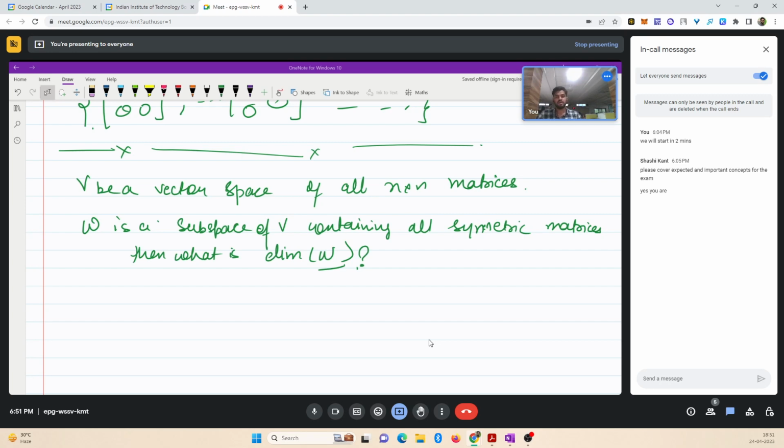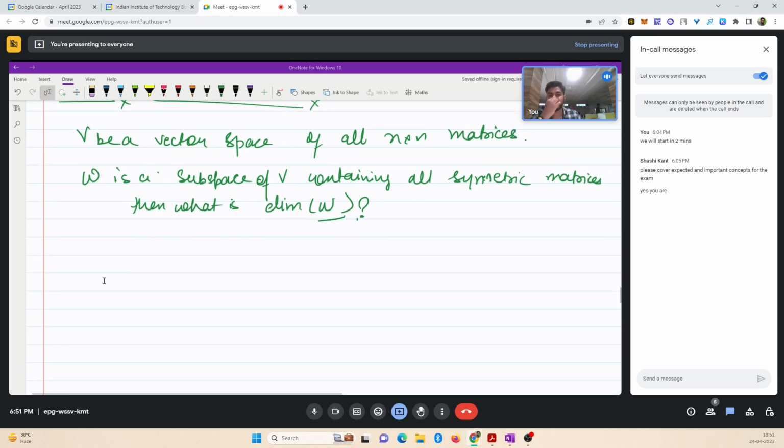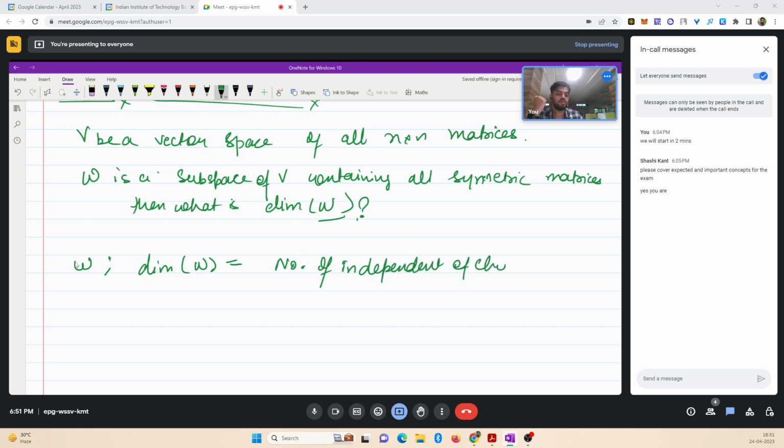In those times, one thing that you can remember is, if you have some subspace W, then the dimension of W is nothing but the number of independent choices.